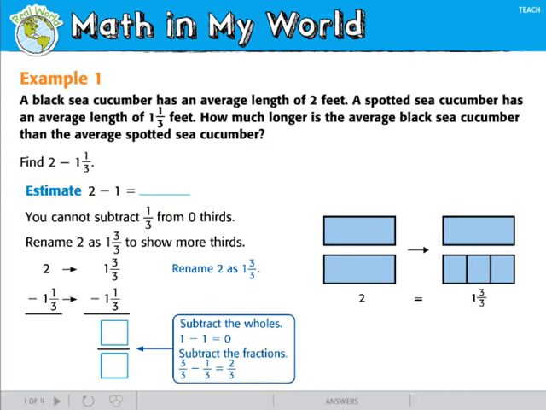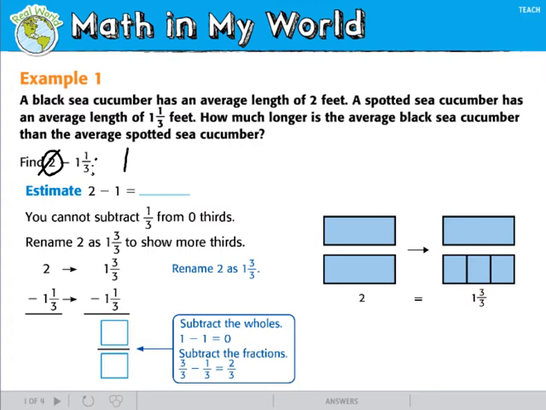So what we're going to do is take this 2 and change it into a fraction that equals 1 and 1. So we're going to say 2 is now going to be 1, and I'm going to subtract it from 1 1/3.